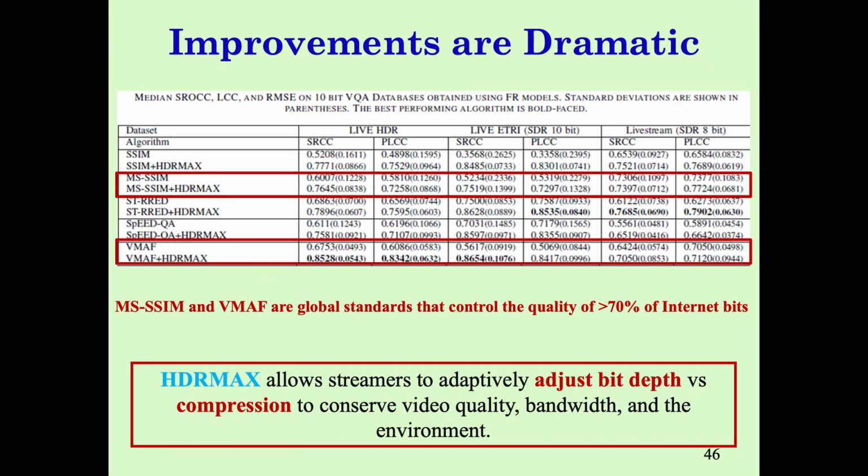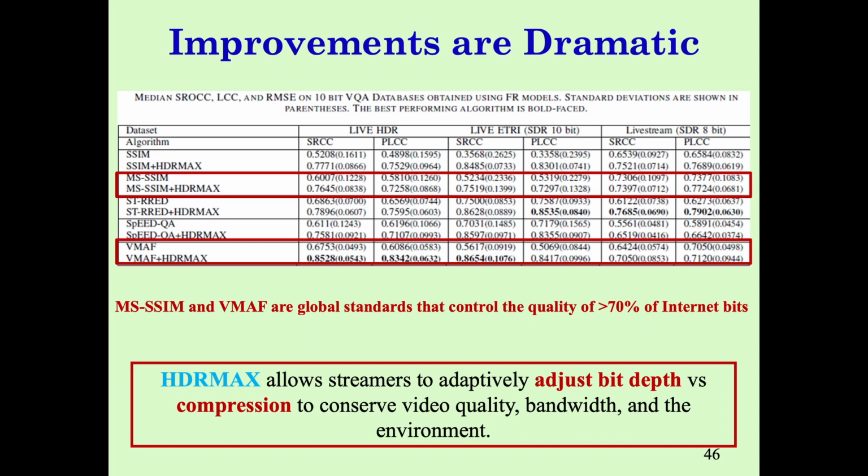Once again, we get dramatically increased correlations. We have recently created an HDR database, this is freely available to anybody, supported by Amazon, videos with HDR and SDR, various ranges of compression, large-scale human study, once again, just like the YouTube study.